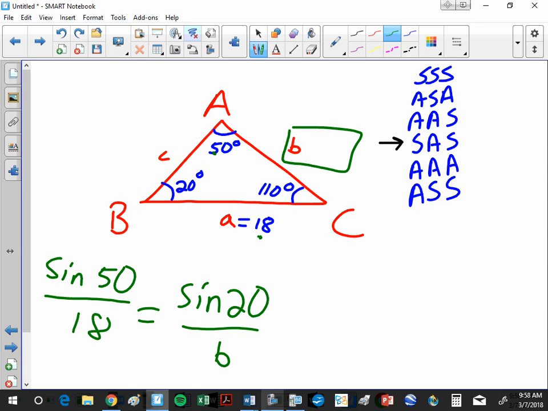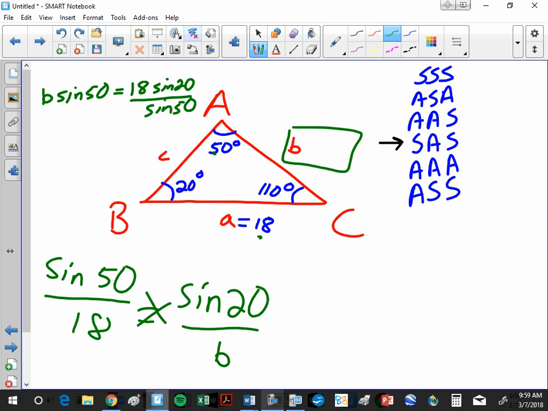Now, I have one fraction equals another fraction, so I cross multiply. And I get b sine of 50 is equal to 18 sine of 20 divided by the sine of 50.